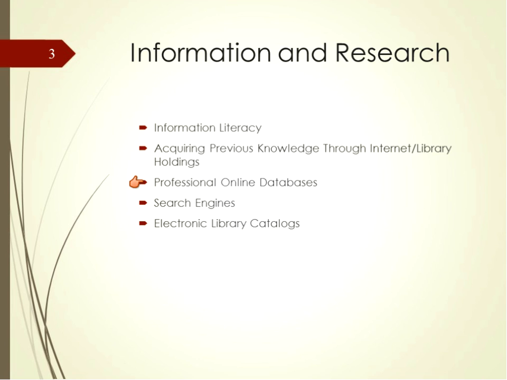The CINAHL, or the Cumulative Index to Nursing and Allied Health Literature, for example, specifically includes information from all aspects of allied health, nursing, alternative medicine, and community medicine. The Medline database contains more than 10 million records and is maintained and produced by the National Library of Medicine.